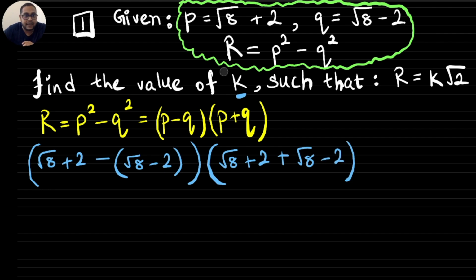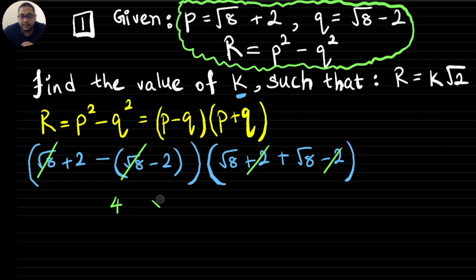And now we need to carefully simplify the like terms. In the first bracket, root 8 cancels off with minus root 8, and positive 2 cancels off with negative 2, which means in the first bracket we now have positive 2 and negative multiplied by negative would be positive, so 2 plus 2 would be 4.